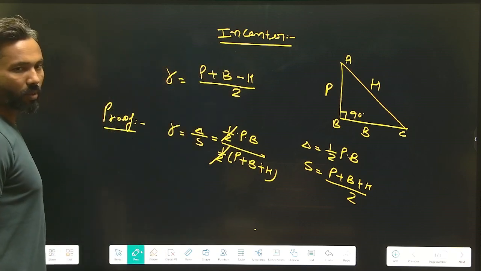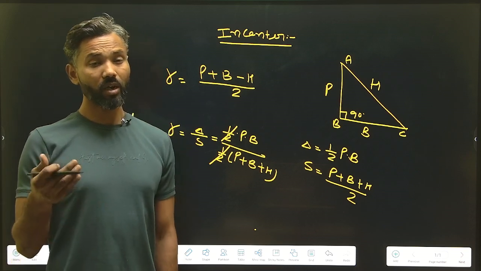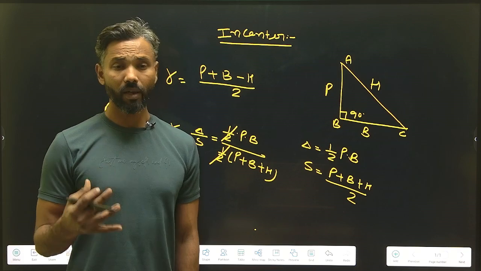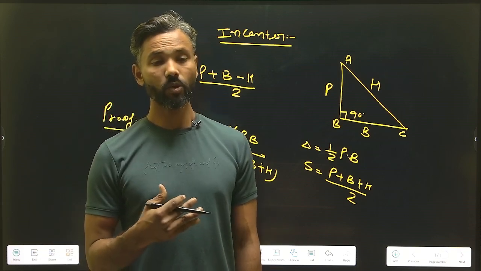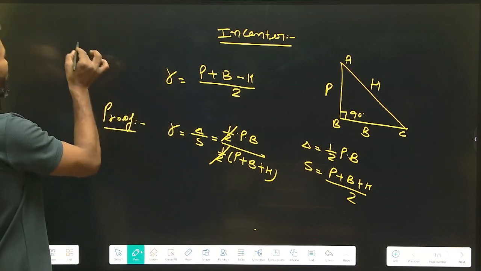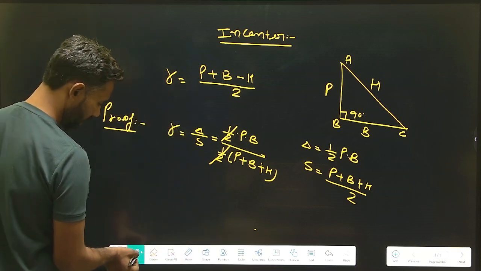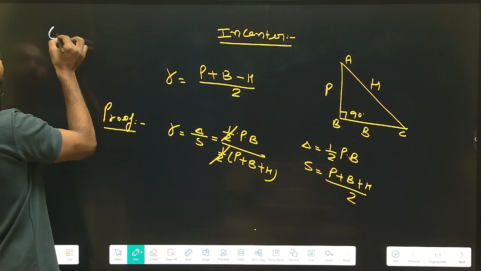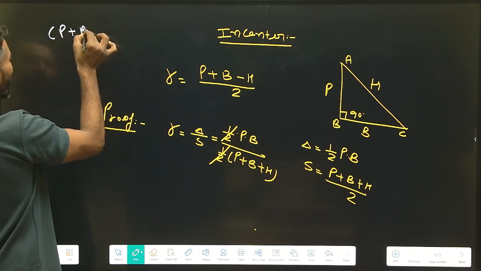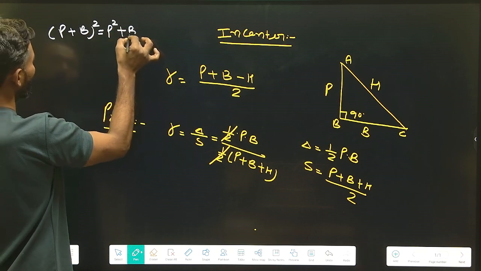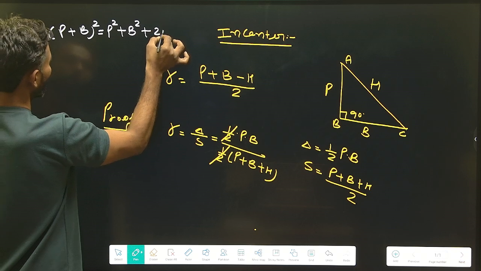Can you tell me, you have studied a plus b whole square in algebra, and you very well know that a plus b whole square will be equal to a square plus b square plus 2ab. So I'm saying that p plus b whole square will be equal to p square plus b square plus 2pb.